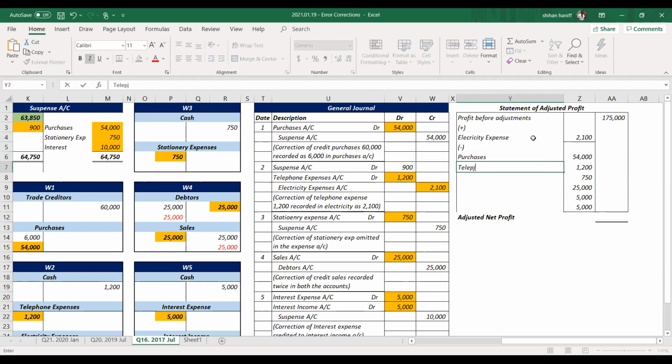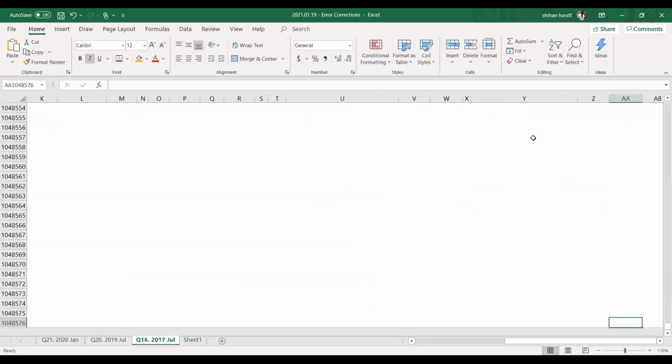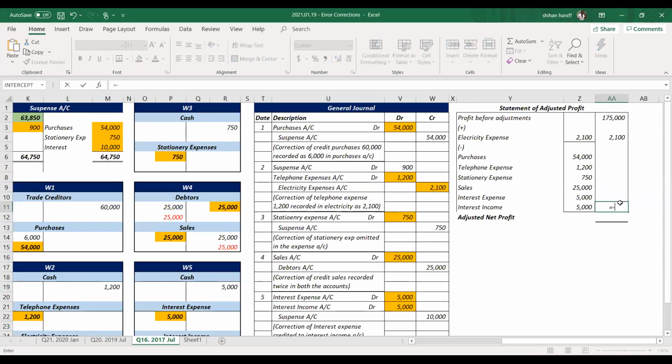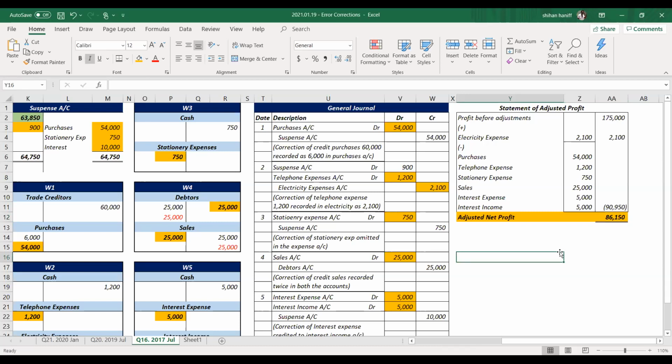Purchases, telephone expense, stationery expense, sales, interest expense, interest income. $86,150 is the adjusted net profit.